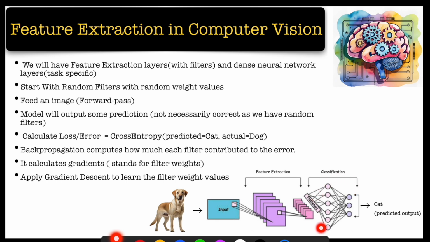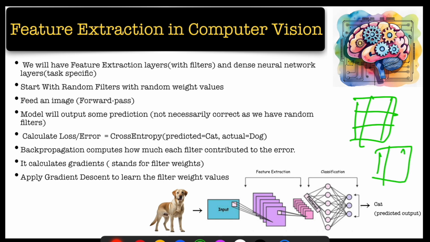I'll pass this dog image into this network. We'll start with random filters with random weight values, let's say multiple such 3 by 3 filters.